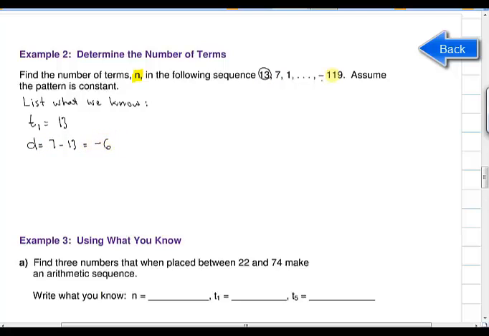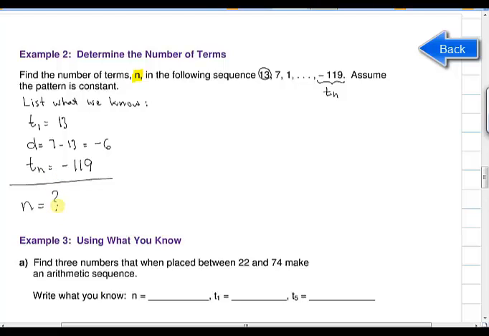And the other thing that we know is that the last term of our sequence is -119. Now we don't know how many terms there are in our sequence, so we're going to call this t subscript n. Remember that's the nth term of our sequence. So t subscript n is -119. And what do we want to find? We want to know what n is.